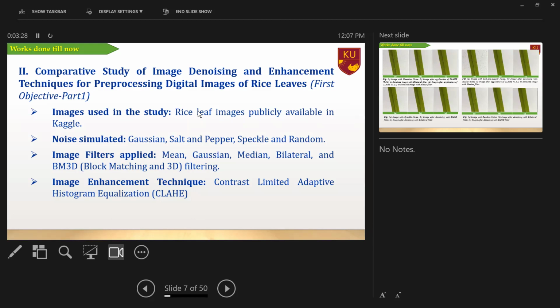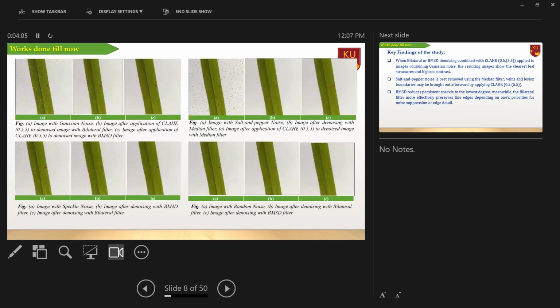We also used common image filters for denoising the images, like mean, Gaussian, median, bilateral, and BM3D filters. Then we used the contrast limited adaptive histogram equalization technique for image enhancement. These are the results which I already presented in the previous semester.